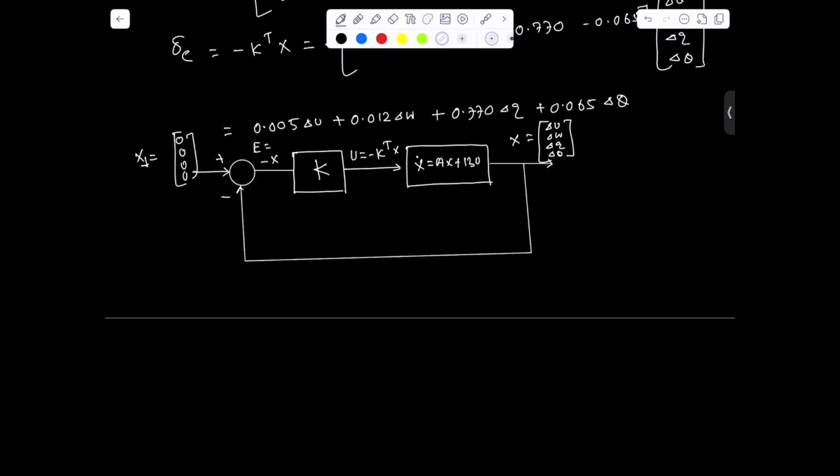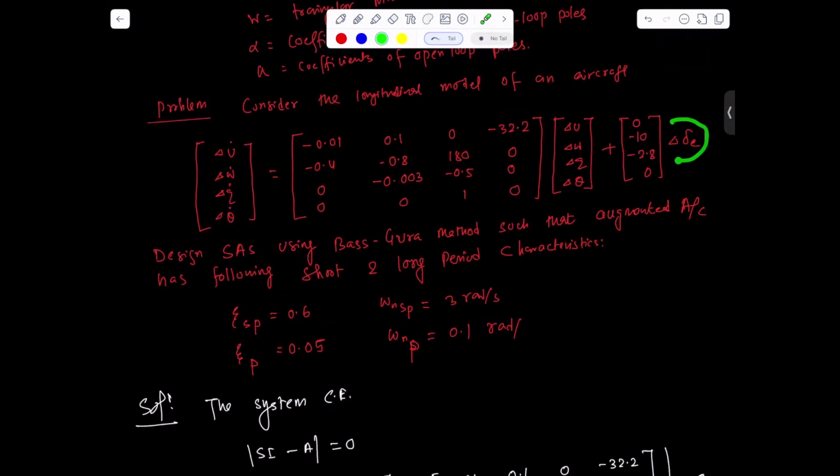Now, the question is, if you notice carefully in the examples we have taken so far in this course, we are assuming one control input.